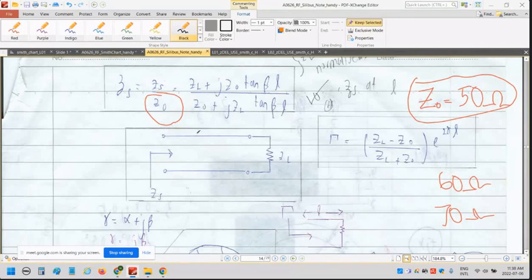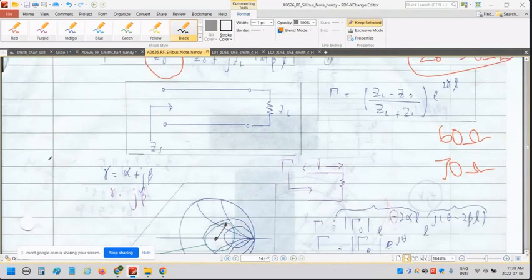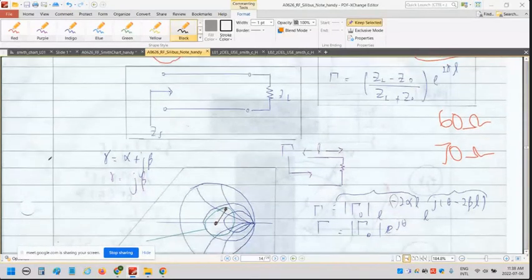Then we see what the impedance here is. Same, gamma equals alpha plus j beta. For the lossless case, with the previous formula, alpha is 0, so we can write gamma equals j beta.